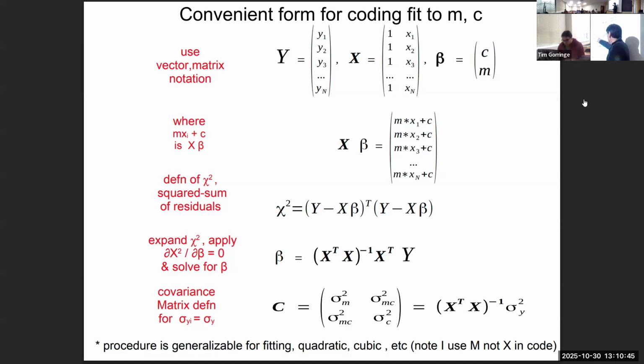So the difference between the dependent variable and the function. Here are the dependent variables in the y, and the x beta that contains the independent variable and the model values for m and c. So this is the model over here on the right of the parentheses, and this is the data over here on the left of the parentheses. And the difference between them is the residuals.